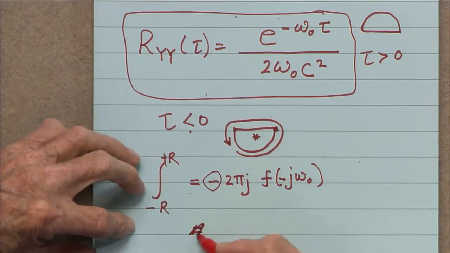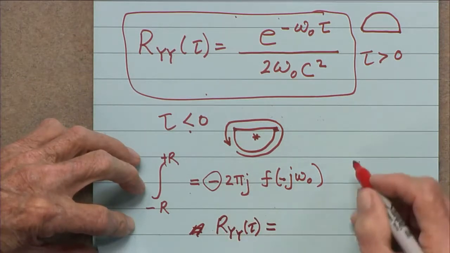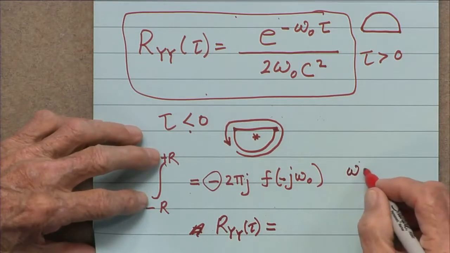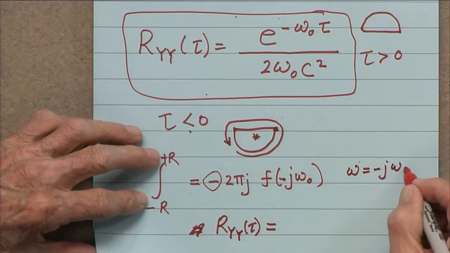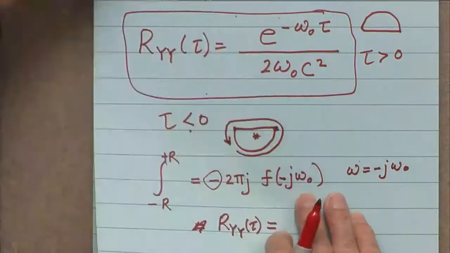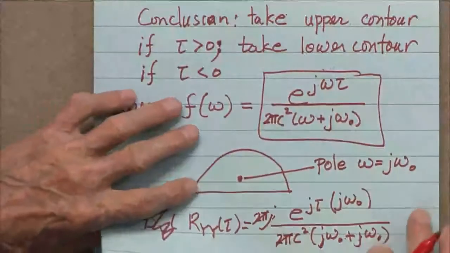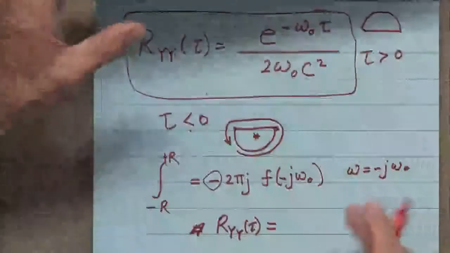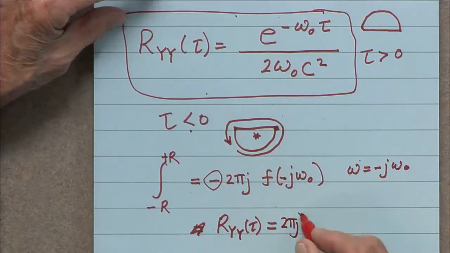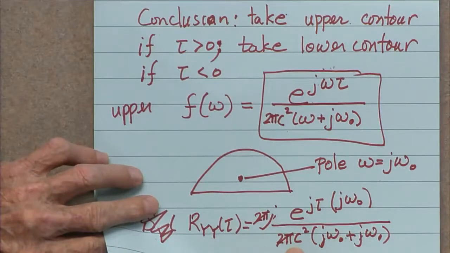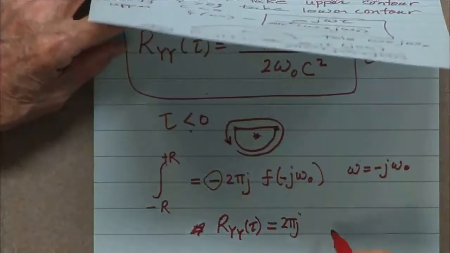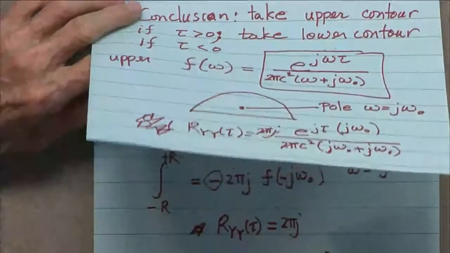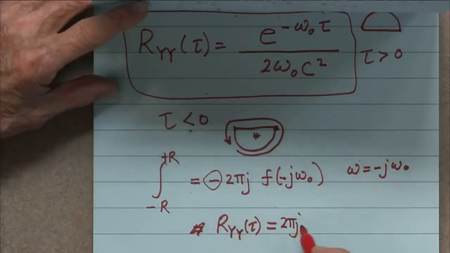So we can write R_YY of tau. You have a pole at omega equals minus j omega 0, so we have to fill in the function of 2 pi j, minus 2 pi j.